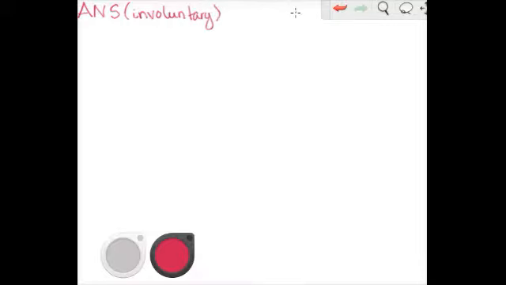And then you have your voluntary system, or your skeletal system, and this is going to be under your conscious control. So the autonomic nervous system is involuntary. The voluntary system, the skeletal system, is under voluntary control.